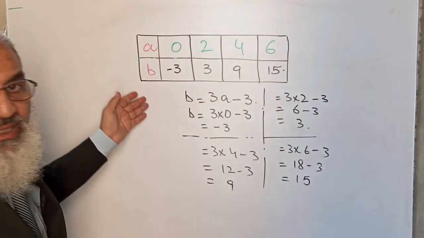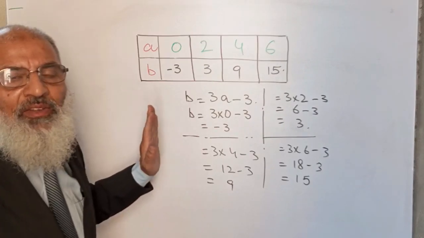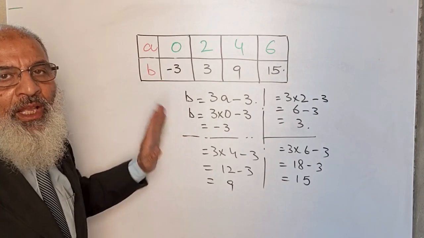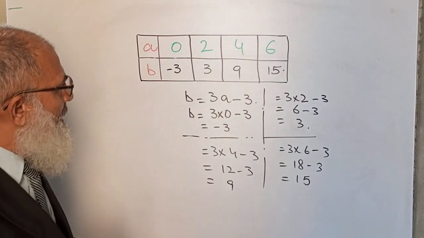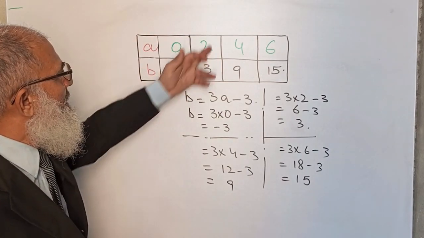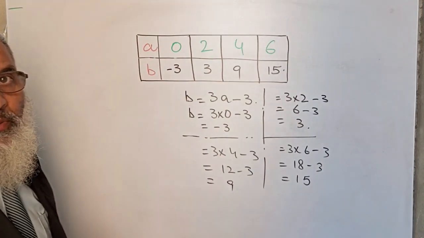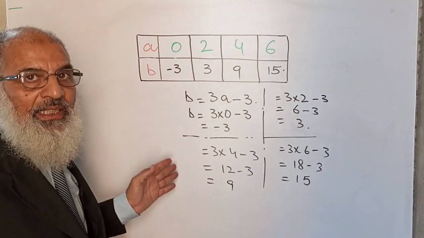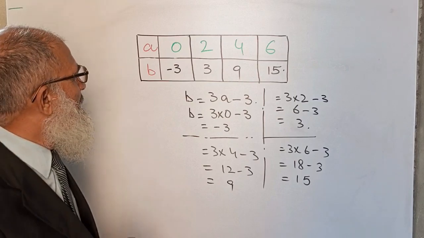Now my dear students, this example which is given to you is for the linear graph. I'll tell you in a later stage what the linear graph is and what its coordinates are. Now these are the coordinates of this. I'll tell you what a graph is, what a linear graph is, what a parabola is and what a hyperbola is.